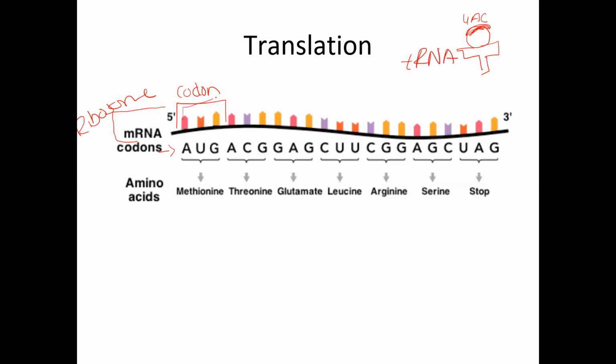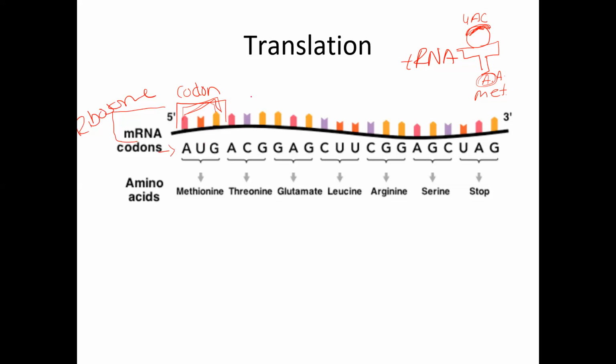It's going to fit here like a lock and a key and know that it's in the right spot. On the other end of that transfer RNA is the amino acid, in this case, methionine, which we usually abbreviate MET. And so it drops that off, kind of like a parent dropping their child off somewhere, right? It parks, makes sure it's in the right spot, and then they get off, and the parent leaves.